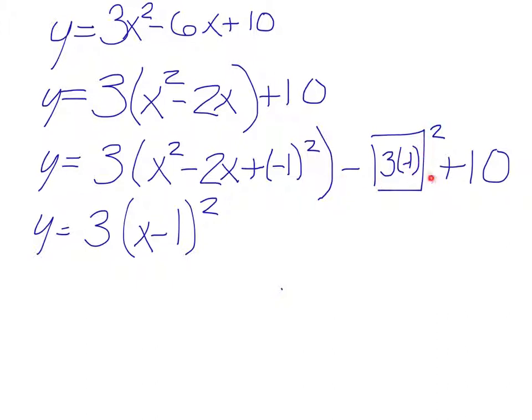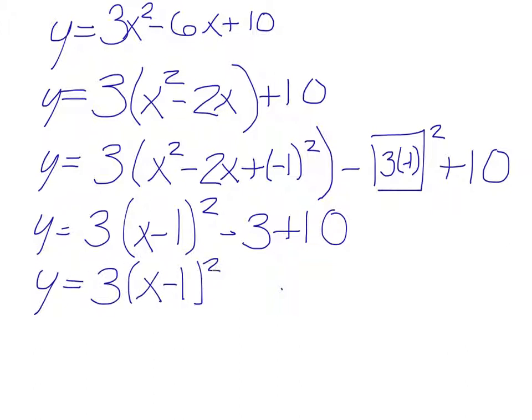Then negative 3 times positive 1 is just negative 3. So now I have negative 3 plus 10, and I can simplify that. I'm just going to bring down everything else: 3 times (x minus 1) squared, and negative 3 plus 10 gets me to positive 7. So my vertex is going to be (1, 7).